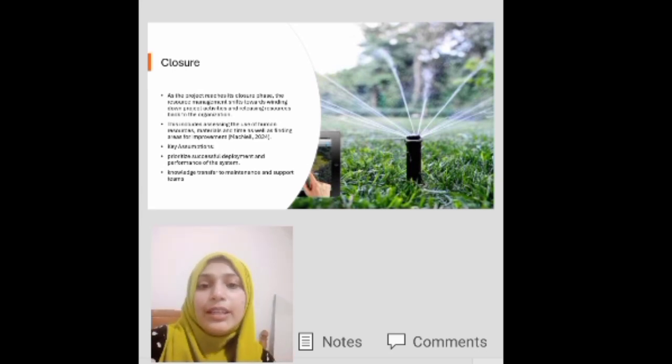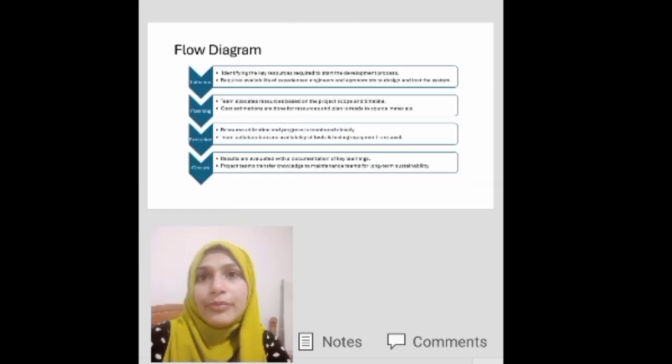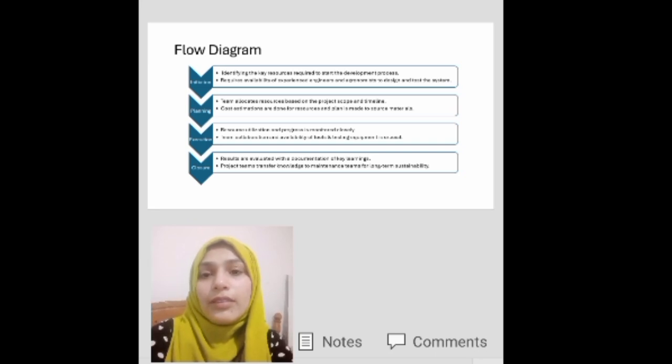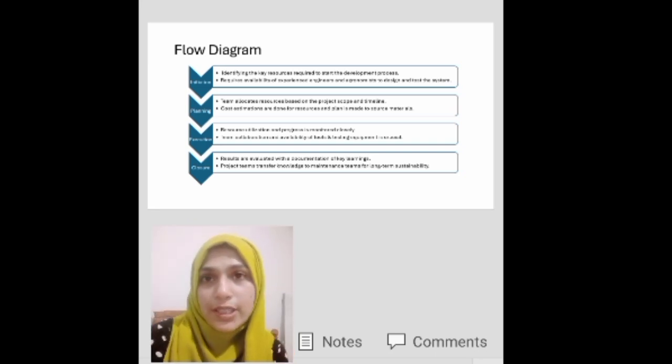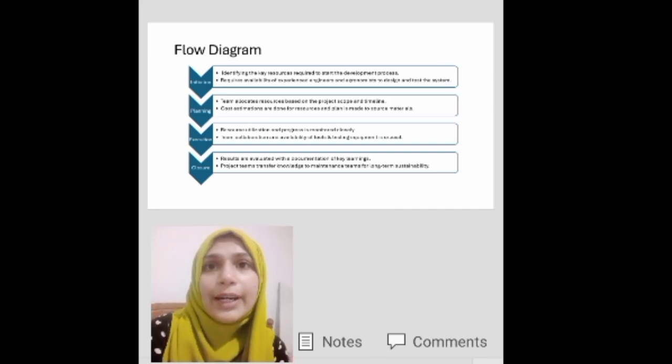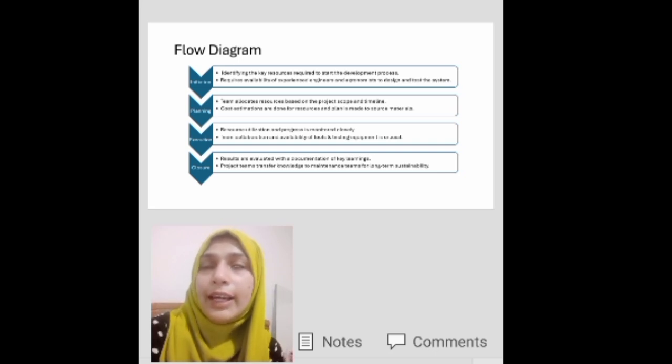And the next one is the flow diagram. This flow diagram summarizes the project stages from initiation to closure. As you can see on the screen, during initiation we identify key resources required to start the development process, which necessitates experienced engineers and agronomists to design and test the system.